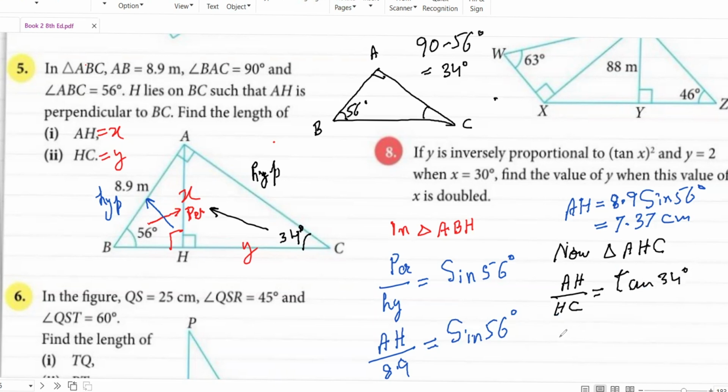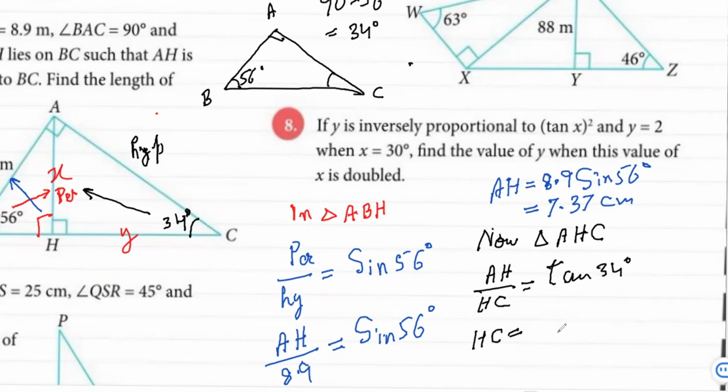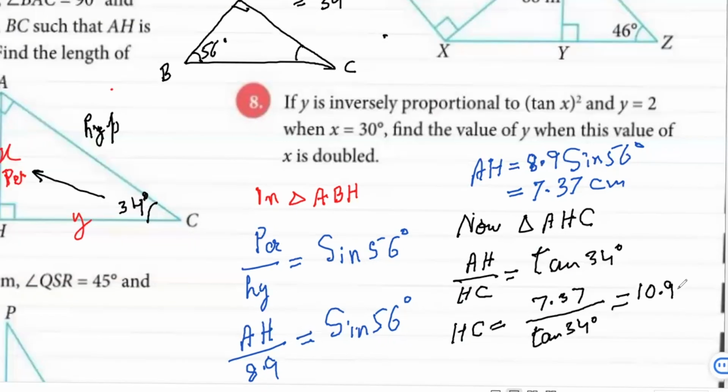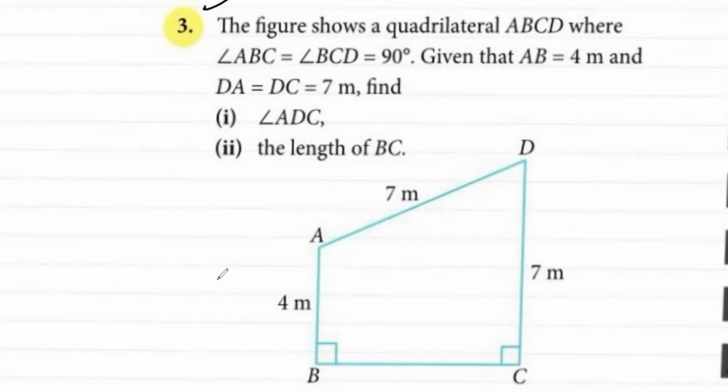Now from here, HC is required. HC is equal to AH, the value of AH is 7.37, over tan 34 degrees. And write 10.93 centimeter.